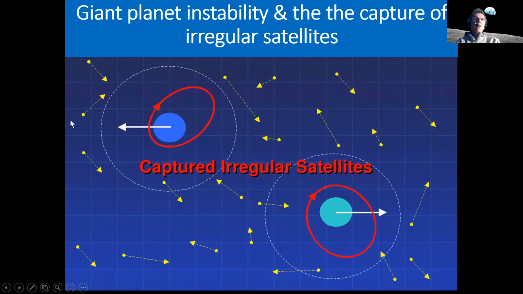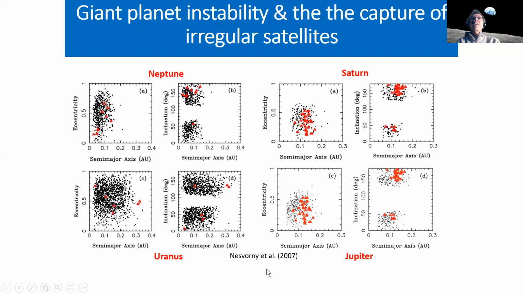Now, this is a cartoon, but again, Nesvorny did very detailed simulations to compare the orbital distributions of the planetesimals captured in this process with the orbital distribution of the real irregular satellites. And this is what you see for Neptune, Saturn, Uranus, and Jupiter. The red triangles show the real irregular satellites, the small dots the orbits of the satellites captured in the simulation. The match is perfect. This diagram shows the distribution of irregular satellites in the semi-major axis versus eccentricity plot.